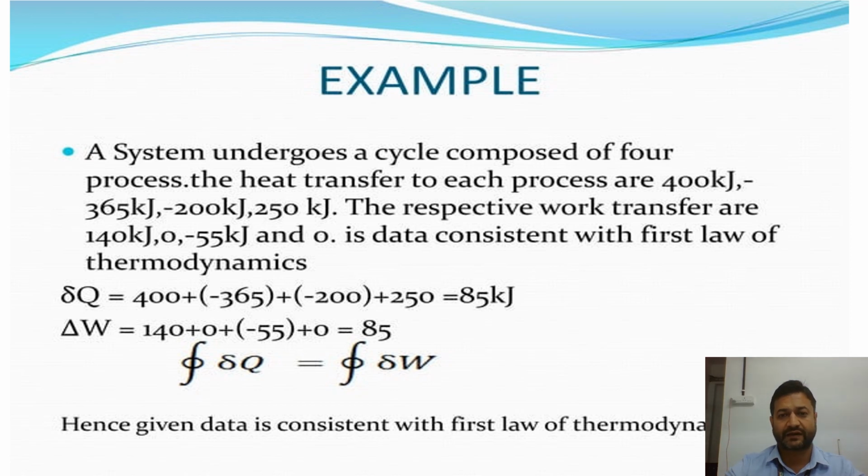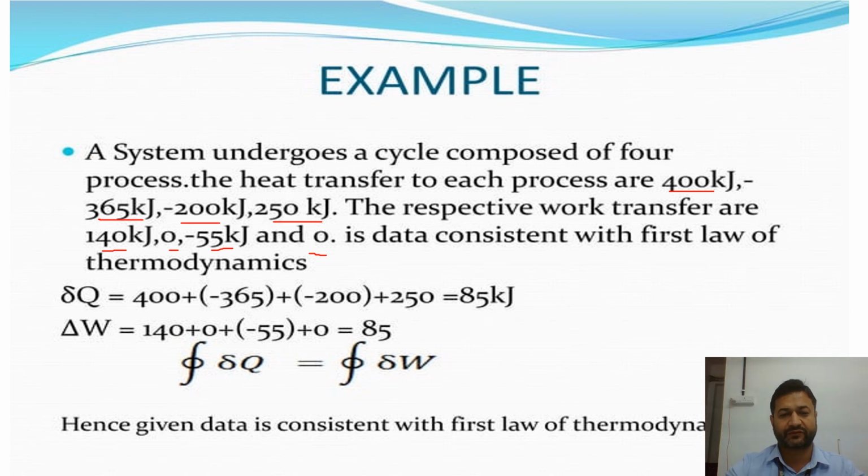A system undergoes a cyclic process composed of 4 processes. The heat transfers in each process are 400, 365, minus 200 and 250. The respective work done are 140, 0, minus 50 and 0. Using this data, you have to justify or validate the first law, or Joule's experiment.